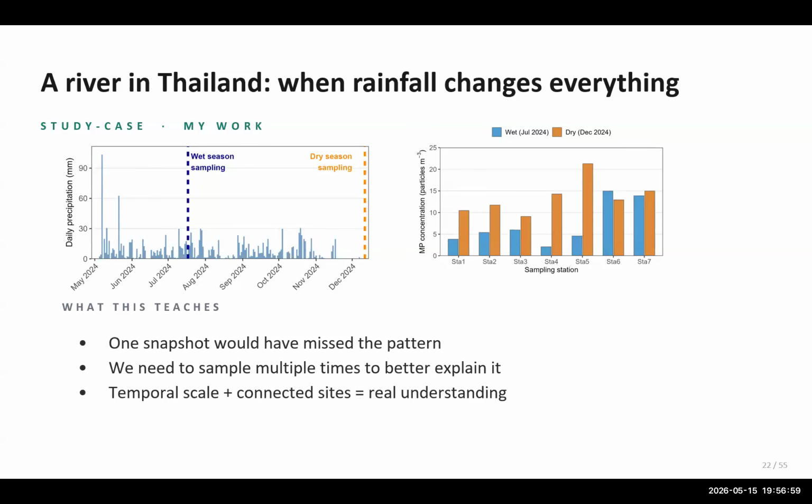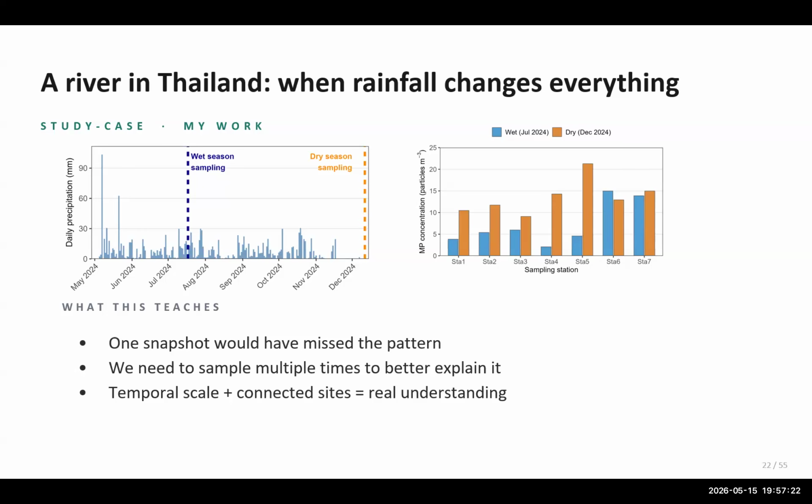If you can see in the graph on the left, we have the dotted line. That is the day I went to the river and measured the samples during the wet season and the dry season. And the other graph is showing the precipitation, the daily rain during that year.